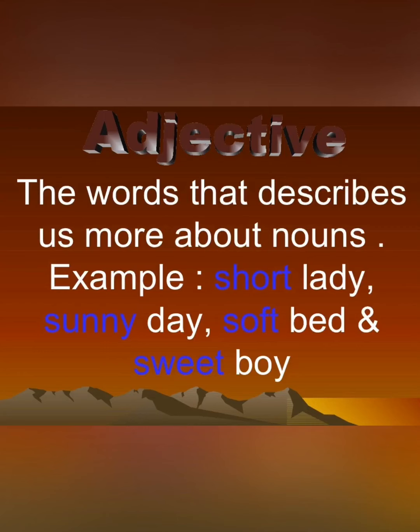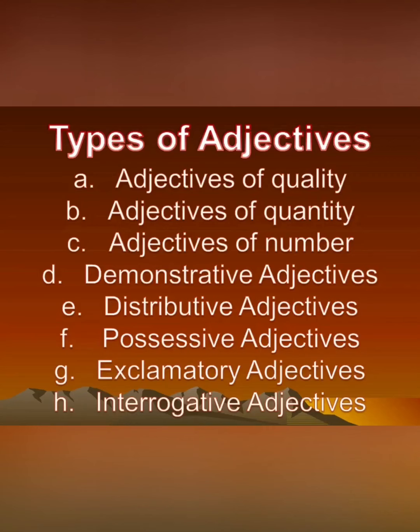Or you can say in simple words that adjectives describe more about the nouns. For example, sour, hot, funny, unique, beautiful, poor.